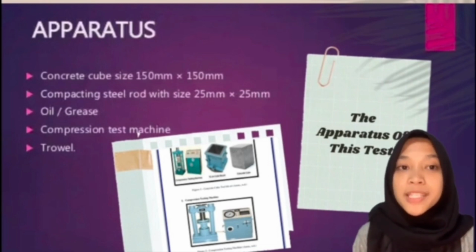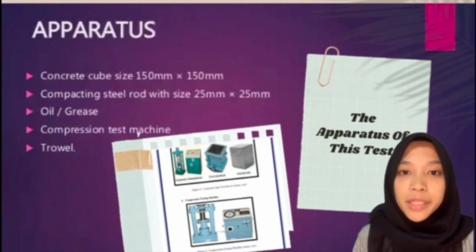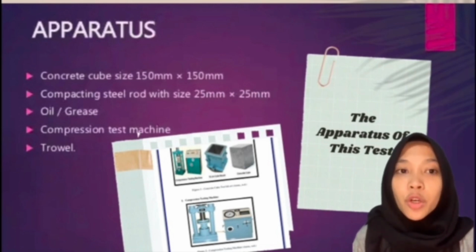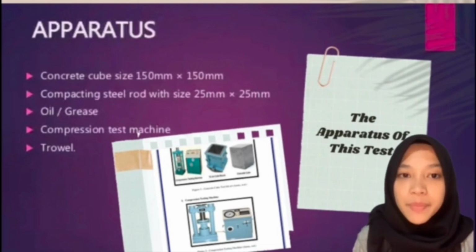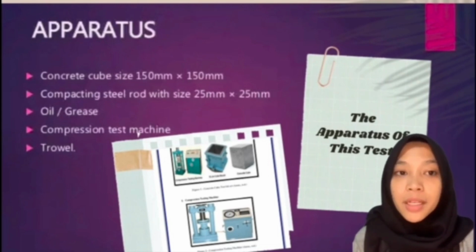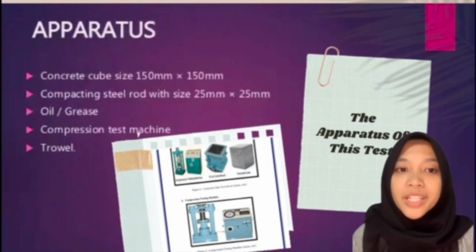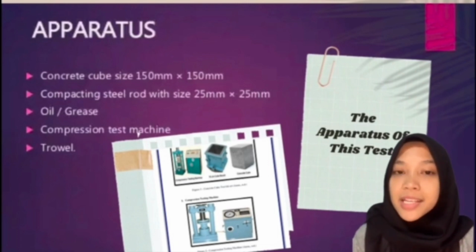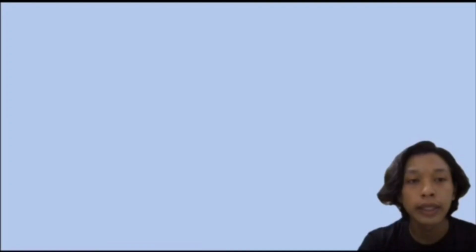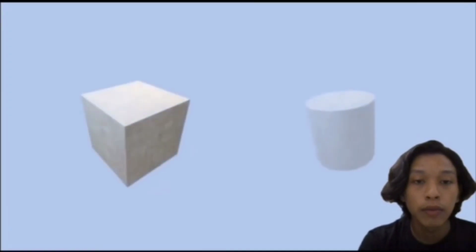Concrete cube of size 150 mm times 150 mm. 2. Compaction steel rod with size 25 mm times 25 mm. 3. Oil or grease. Then the compression test machine. Last is the trowel. Next, we go to the procedure of the cube test.